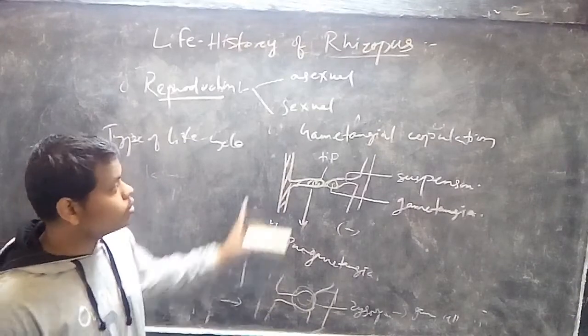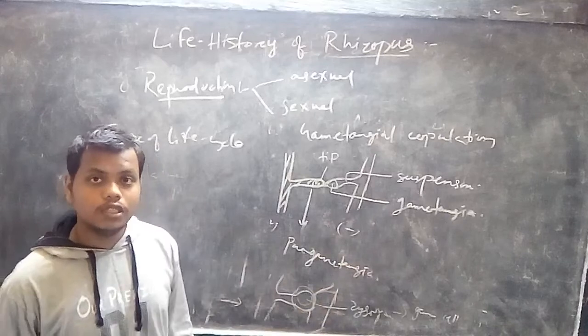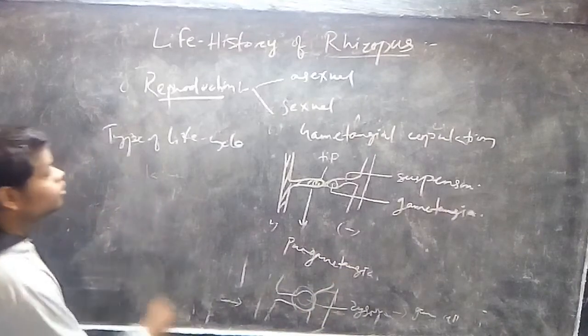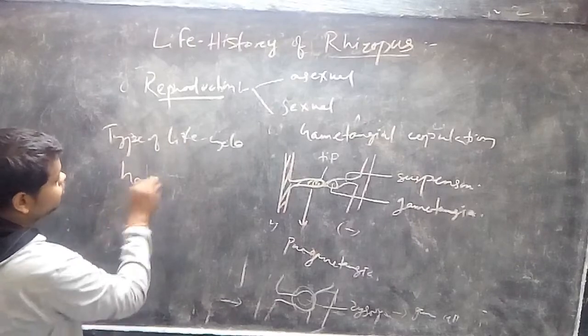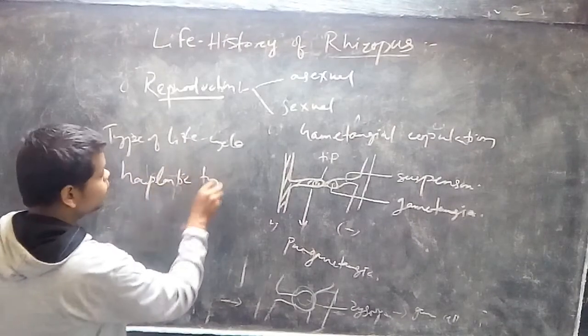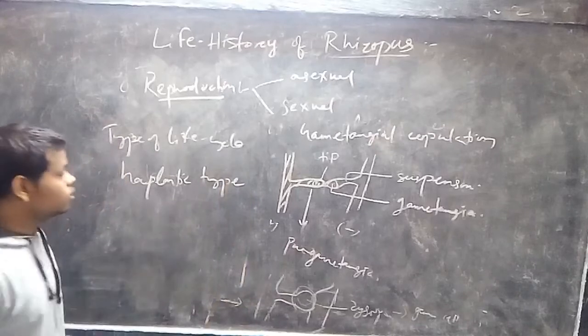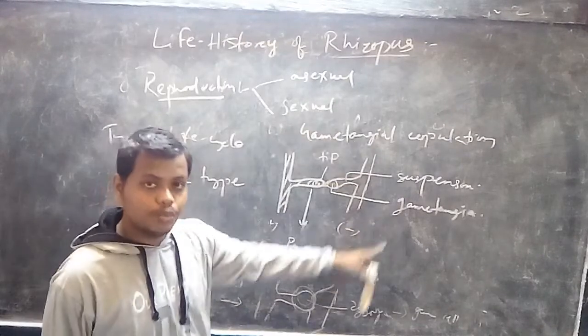Before zygote, all hyphae, all thallus structure is generally haploid in nature. That's why the life cycle of Rhizopus is called haplontic type. Haplontic type, because the haploid stage is dominant.